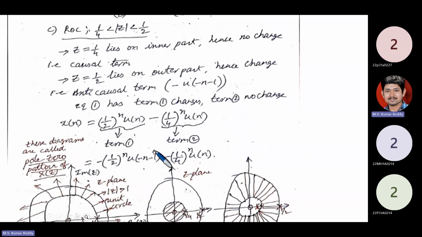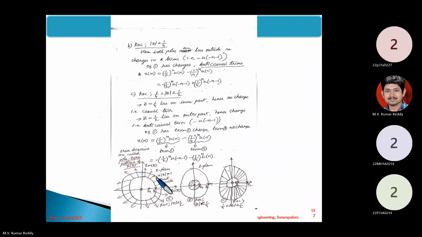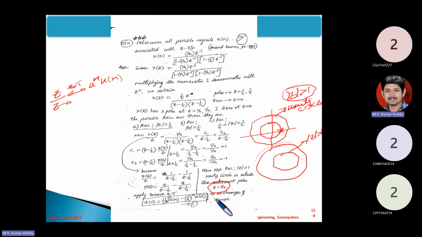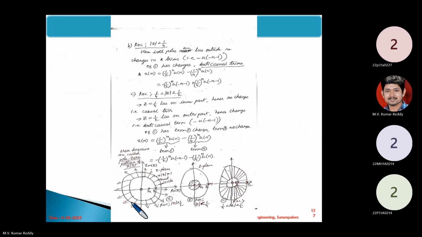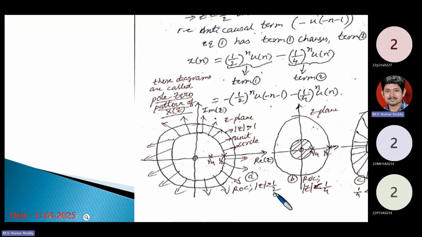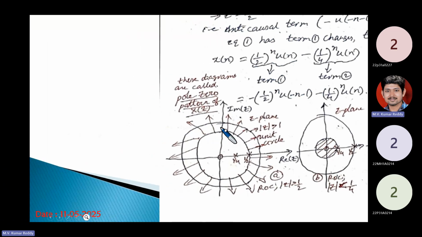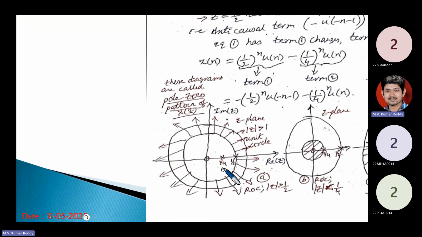Now see the first condition. What is the first condition? No changes, it is causal. Why is there no change? Let us see. What is the condition here? |z| greater than 1/2. So the portion outside this circle is the region. When comparing with the shaded part, 1/2 lies on the left side.